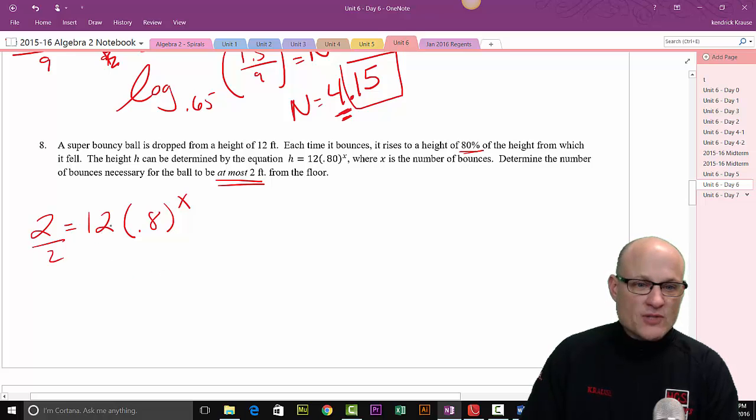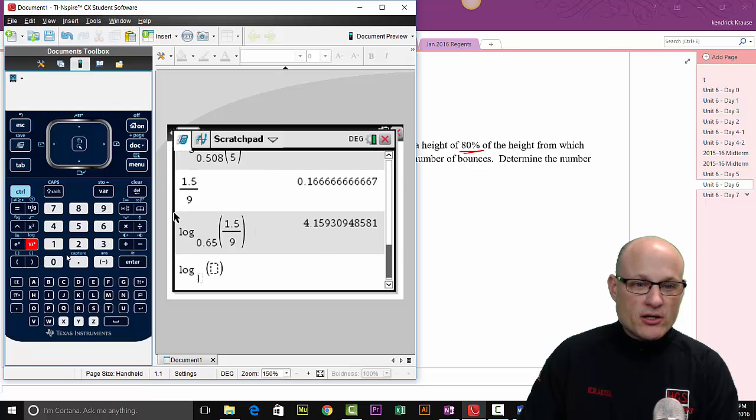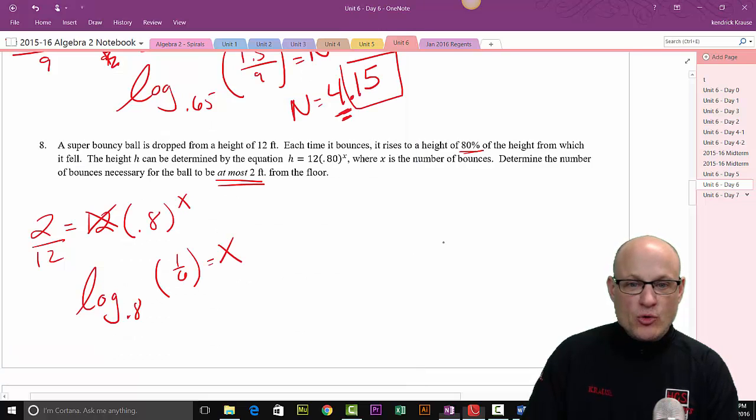Divide by 12. So I get the log base 0.8 of 1/6 equals x. So the log base 0.8 of 1 divided by 6 equals 8.209.